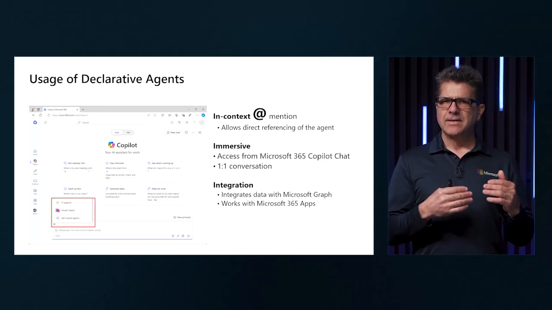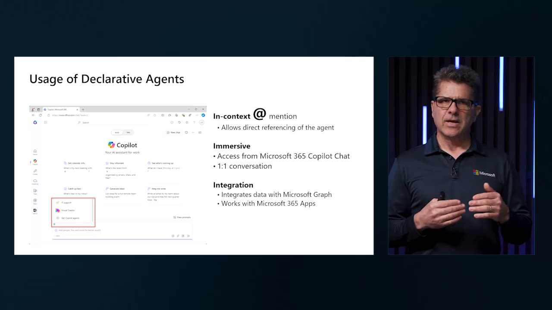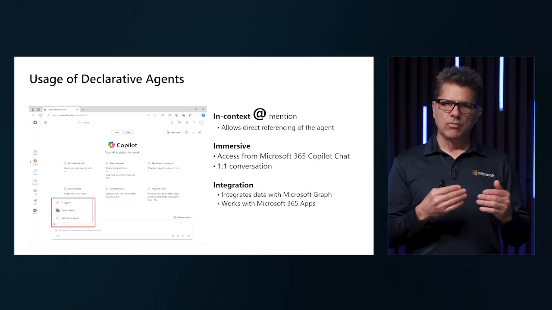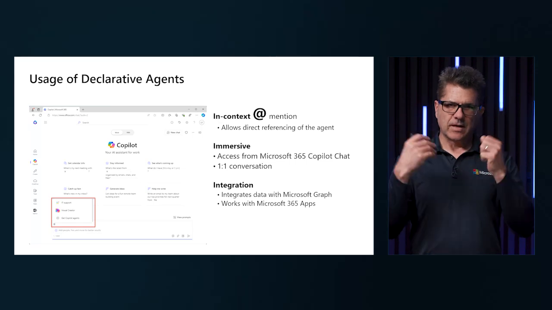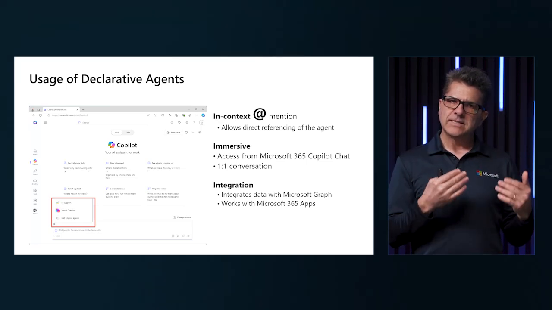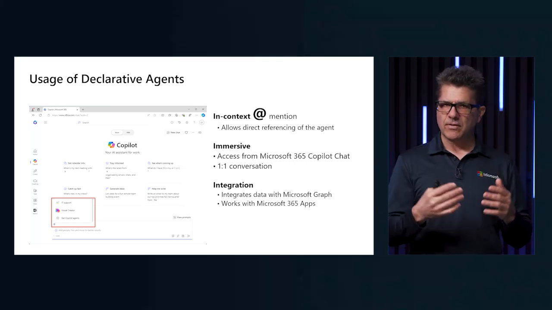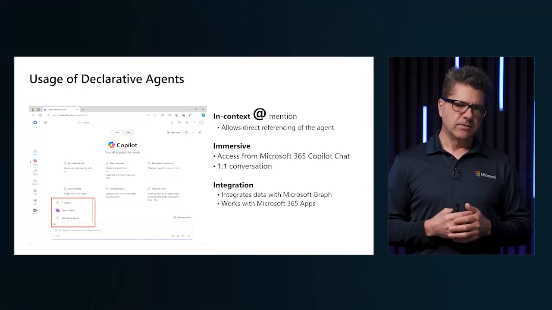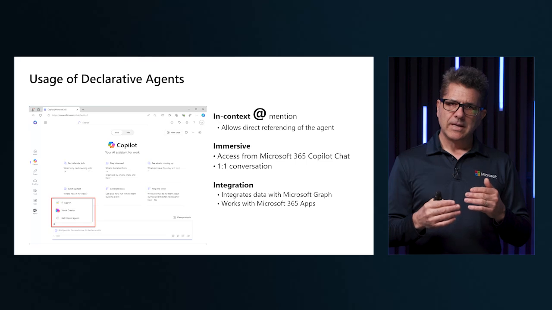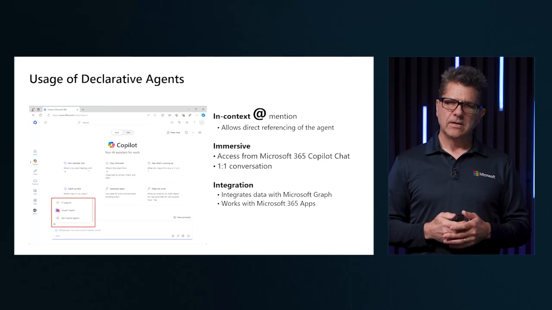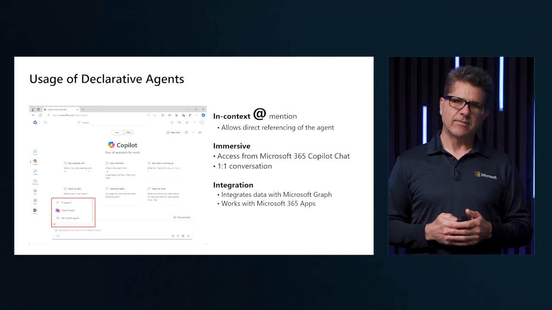This accesses the declarative agents where I can have like a one-to-one conversation with the agent. Just click on the agent, let's have a conversation. And the other one is integration, like Microsoft Graph and Microsoft 365 apps. So let's take a look at how in context works in Microsoft 365 Copilot.